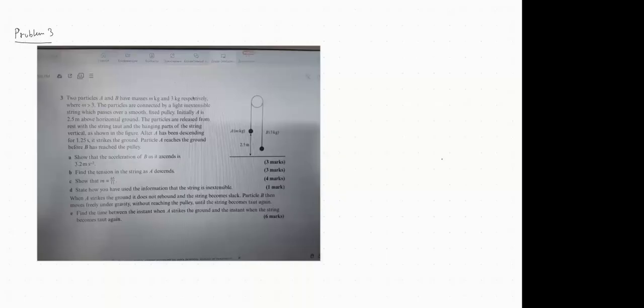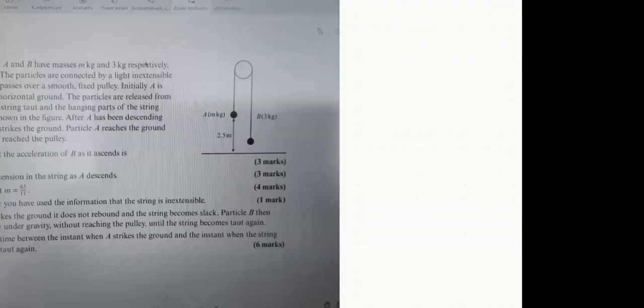After A has been descending for 1.25 seconds, it strikes the ground. Particle A reaches the ground before B has reached the pulley. Okay, so basically the distance from B to the pulley is more than 2.5 meters. Show that the acceleration of B as it ascends is 3.2 meters a second squared. Okay.